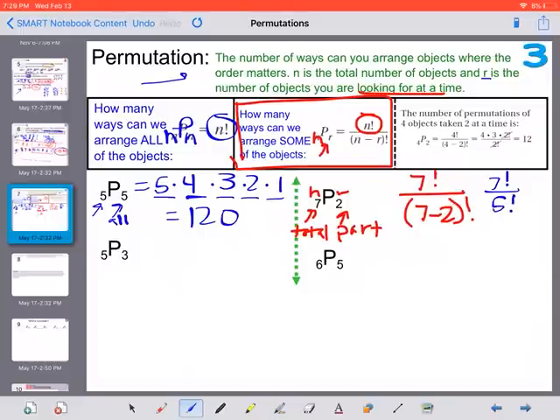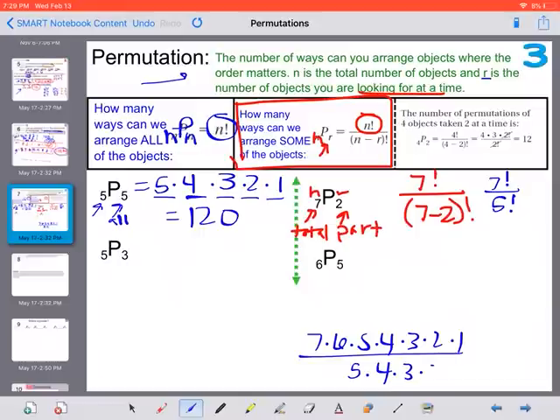So if I were to write that out, I'm just going to do it down here. That would be 7 times 6 times 5 times 4 times 3 times 2 times 1. And on the bottom, we'd have 5 times 4 times 3 times 2 times 1. Now, this is a lot of work. I'm not going to solve all that. Because this is all just multiplying and dividing, we can cancel.